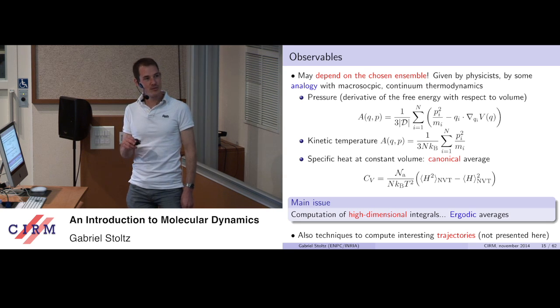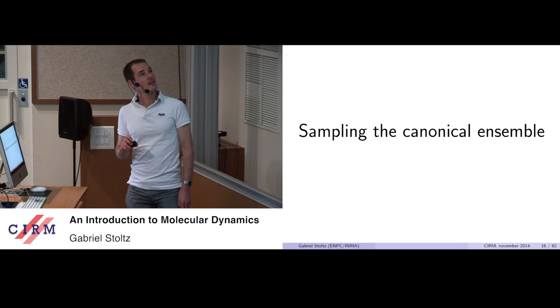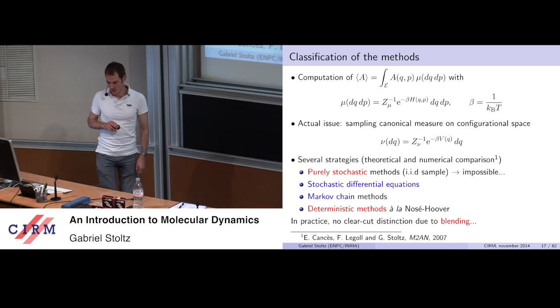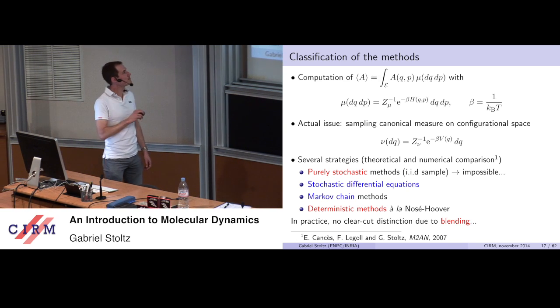So my aim in the next hour will be to tell you how to compute those ergodic averages using stochastic differential equations. Right, so that's sampling the canonical ensemble. Any questions until now? No?